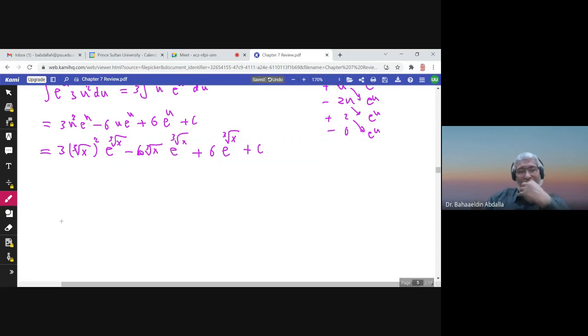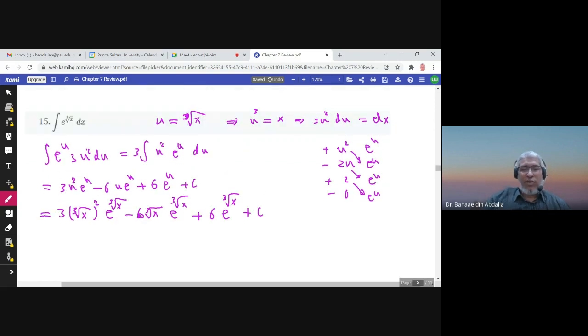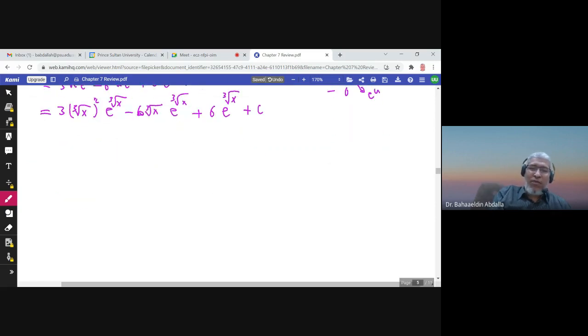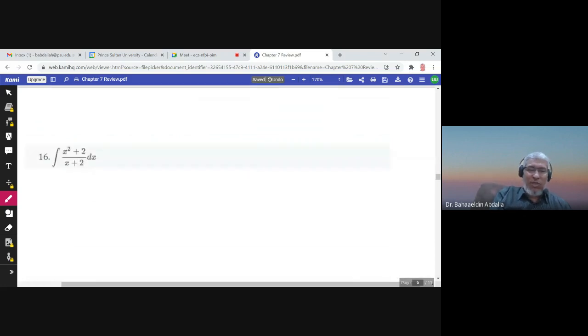It will be interesting for me to find the derivative of this and prove that the derivative of these three terms would be equal to e to the power cube root of x. I find this problem interesting. If you find it too interesting, do it to check the answer.